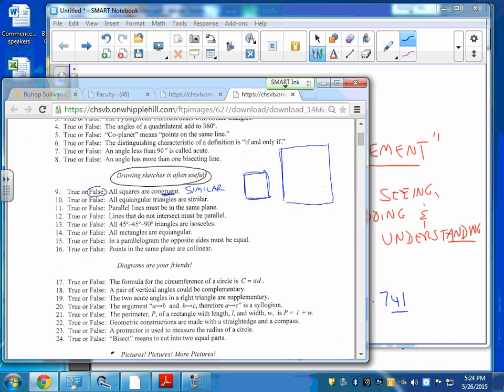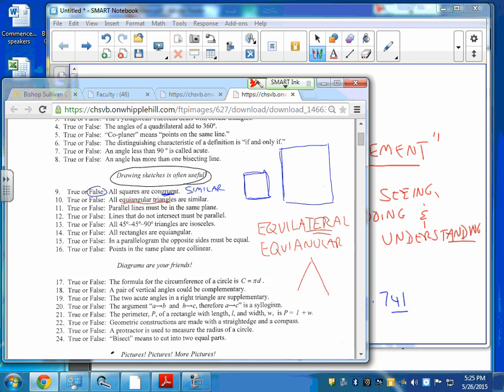Okay, number 10, all equiangular triangles. That's sort of strange, we usually say equilateral, meaning the sides are all the same length. But this one talks about equiangular. And so the question is, are all of those similar? Let's think about that for a minute.